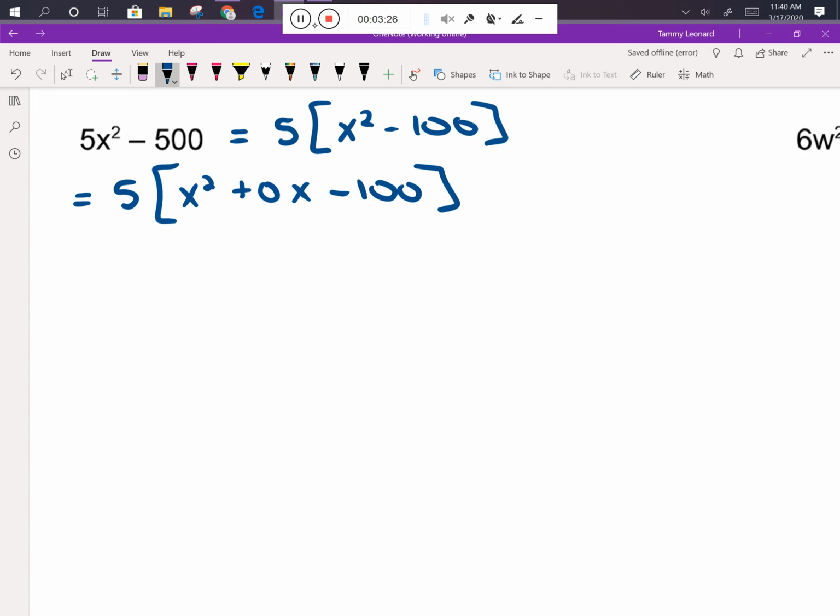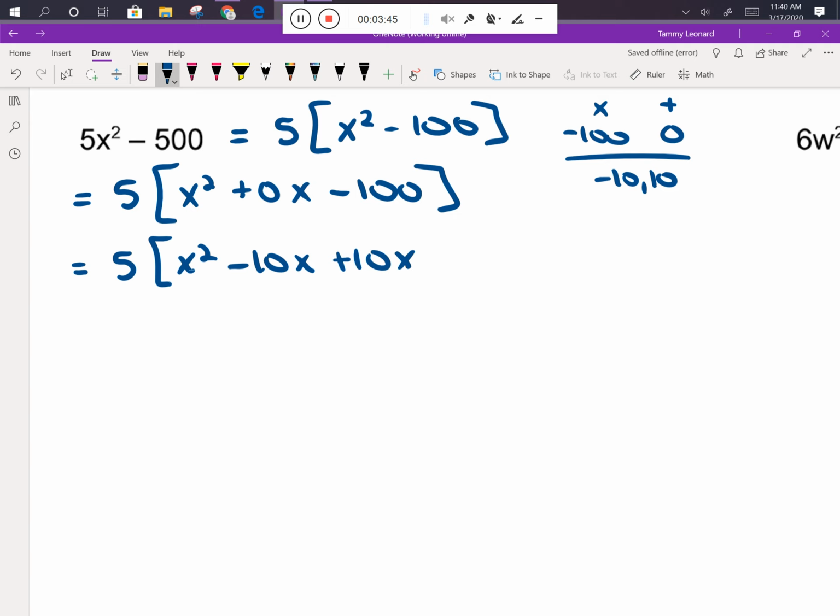So the puzzle I'm solving is that I want to multiply to get negative 100 and add to get 0. Well, a negative 10 and a positive 10 will do that. So I have 5, and then the big brackets, x squared minus 10x plus 10x minus 100.